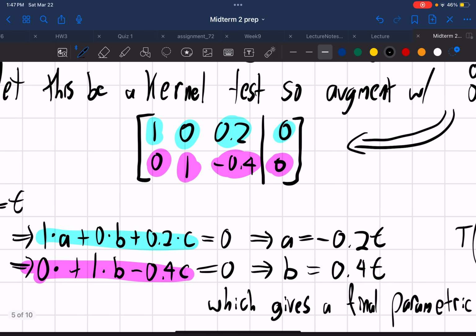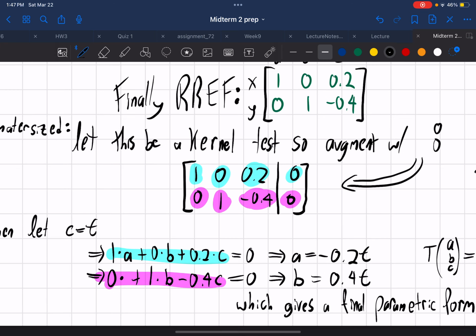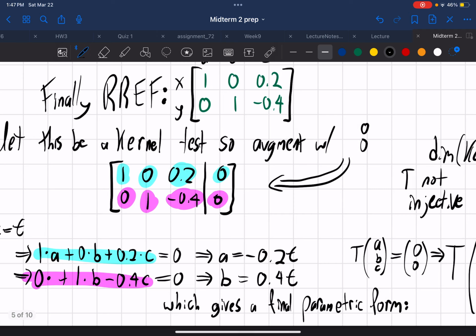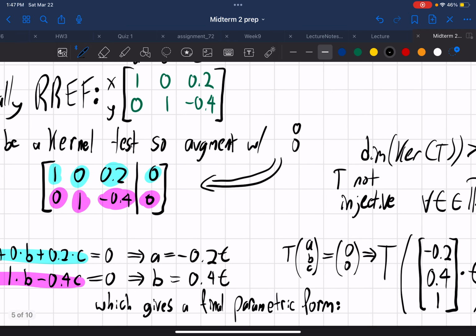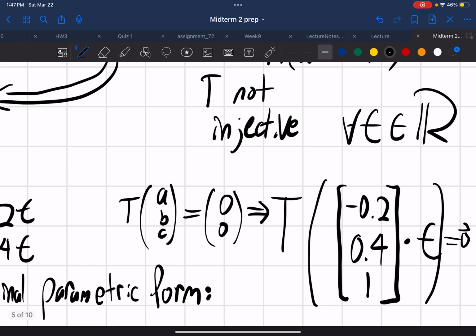And what that gives us is that A is going to be equal to negative 0.2 times T. B is going to be equal to 0.4 times T. And we can just parametrically answer the equation of what ABC values map to the 0 vector. And we are told that a whole line in our input space, this negative 0.2x, 0.4y, and 1z, any scalar times that will map always to the 0 vector.